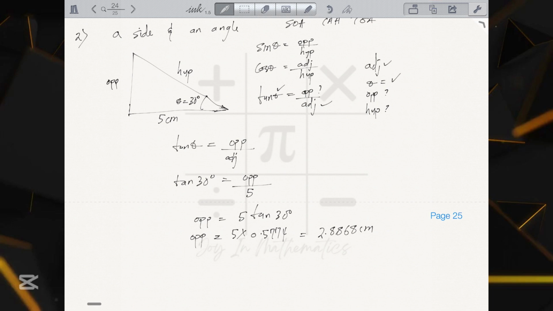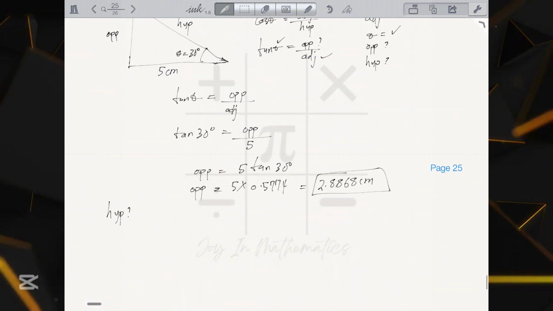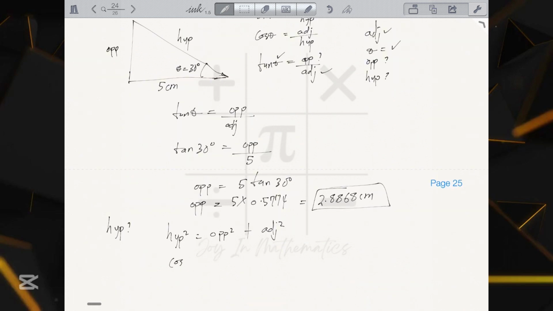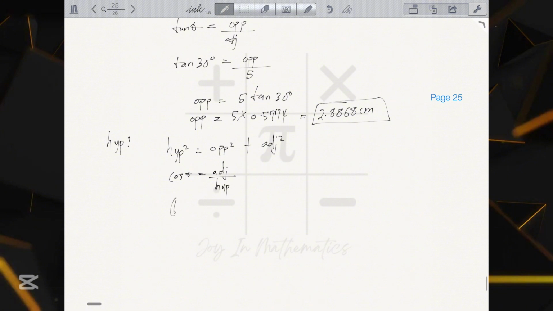Now we have gotten our opposite to be this, and we are looking for the hypotenuse. Now we can evaluate the hypotenuse in two ways. We can say hypotenuse squared is equal to opposite squared plus adjacent squared, or we use cos theta is equal to adjacent divided by hypotenuse, or we also use sine theta is equal to opposite divided by hypotenuse.